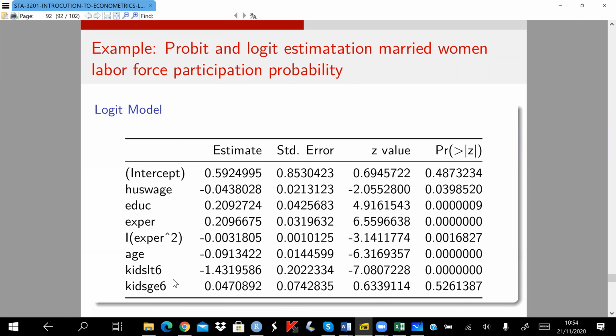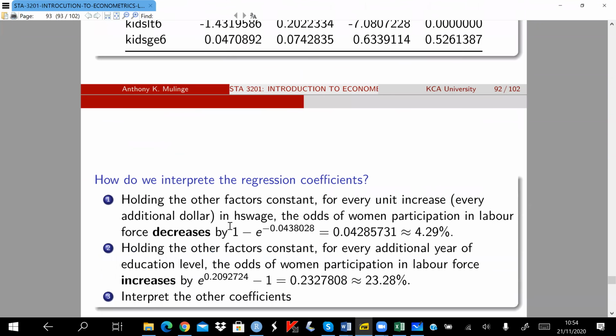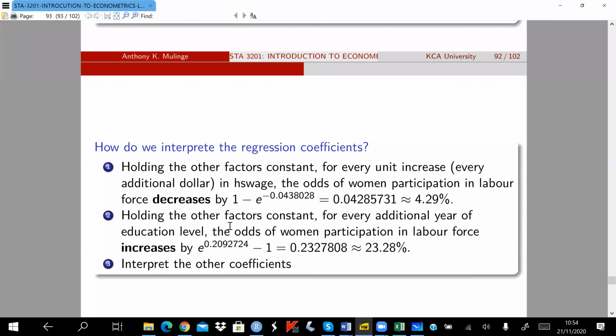The description of the variables is given somewhere, but for now our focus is the interpretation of these coefficients. I've given the interpretation here. How do we interpret the regression coefficients? Holding the other factors constant, for every unit increase, that is for every additional dollar in the husband wage, the odds of women participation in labor force decrease.